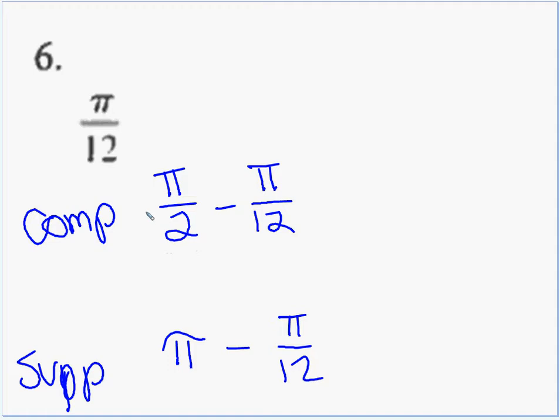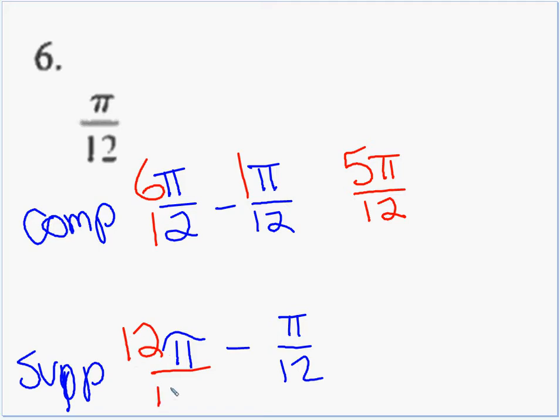It would be 12. So we multiply top and bottom by 6. 6 times pi is 6 pi. 6 times 2 is 12. Now when we subtract, 6 pi minus 1 pi is 5 pi over 12, 5 twelfths pi. And down here, our pi would be 12 twelfths pi minus 1 twelfth is 11 twelfths pi.